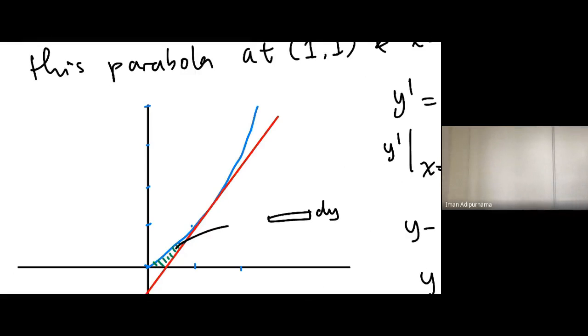It's not quite in proportion with the tangent. It should be really at this one point. But let me mark this as (1, 1). So the tangent is on this point. So this is the x squared, and this is the tangent.